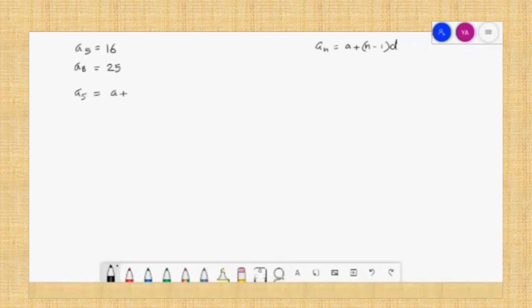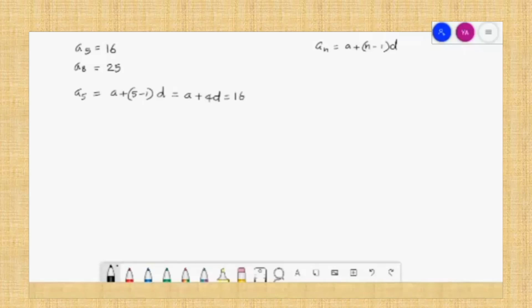So 5 minus 1 into d. We don't know d. We can simplify this: a + (5 - 1)d means a + 4d. And a5 is given as 16, so we can write a + 4d = 16.